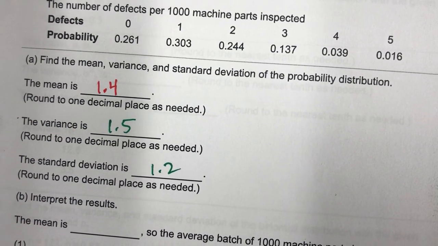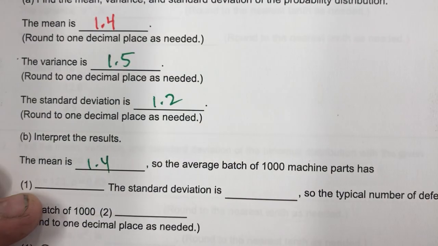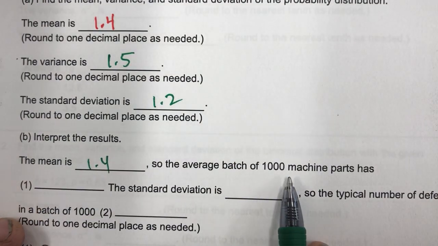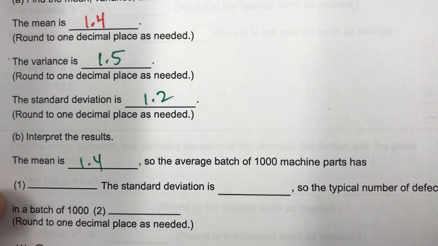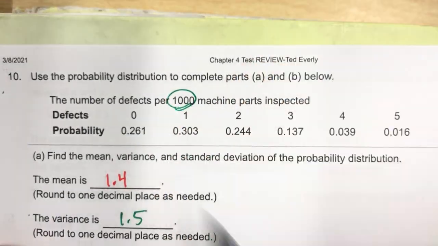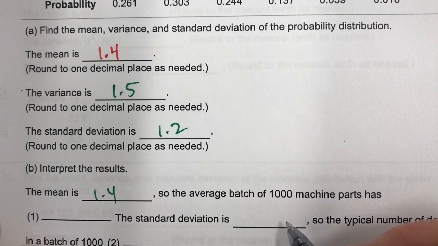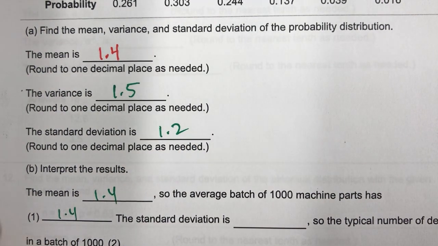Now interpret what this means. All right, the mean is 1.4. So the average batch of 1,000 machine parts has, okay, see, this is defects per 1,000 machines. So the average batch of 1,000 machine parts has 1.4 defects.